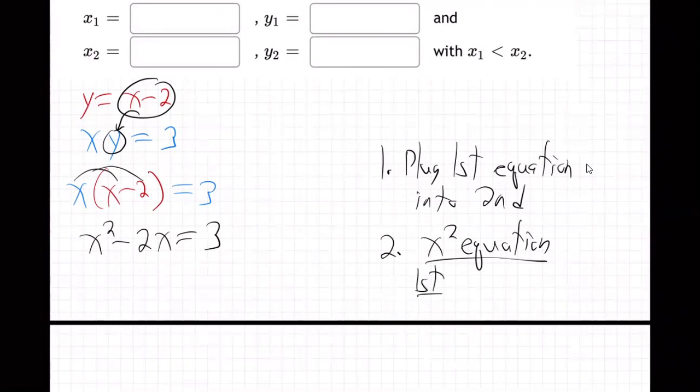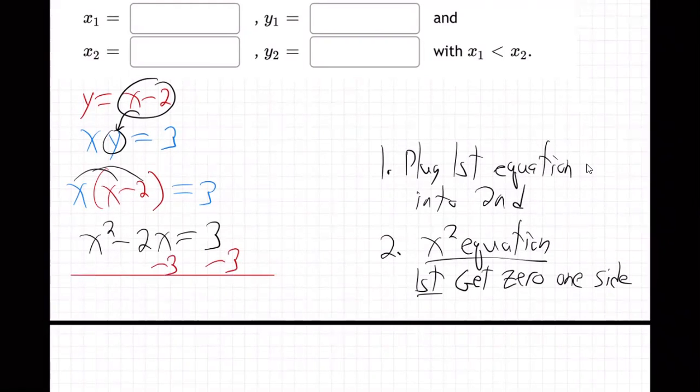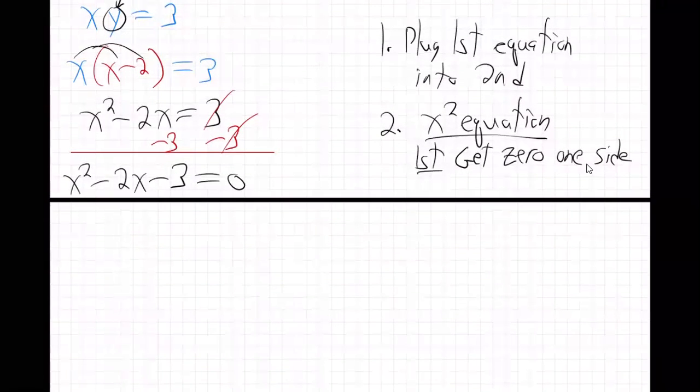First, get 0 on one side. So that means we're going to subtract 3 from both sides. Boom, boom. So we get a 0. So this is x squared minus 2x minus 3. So first you get a 0 on one side.